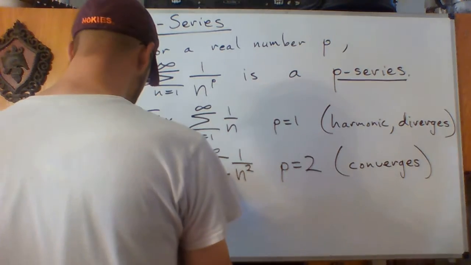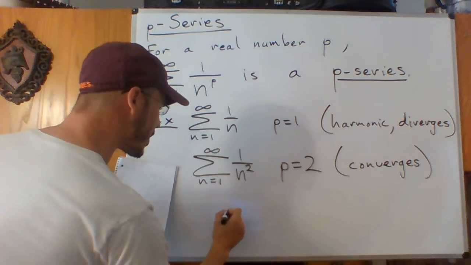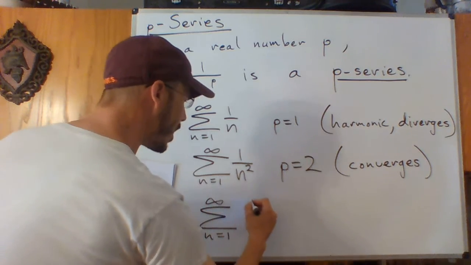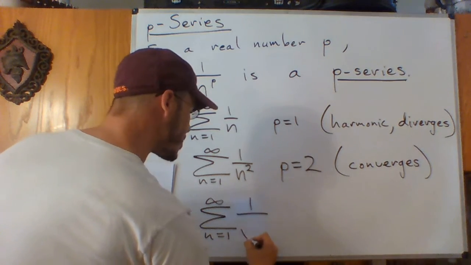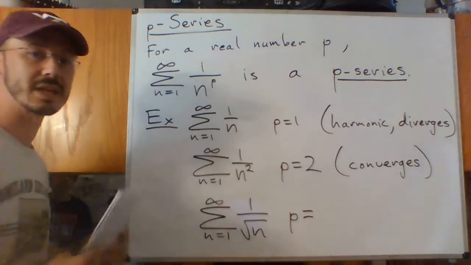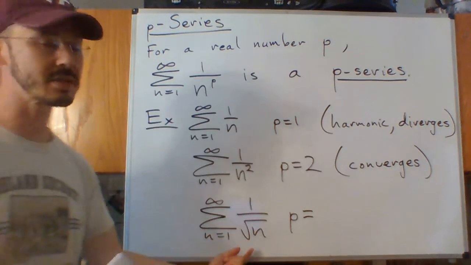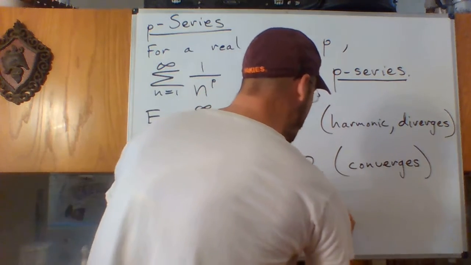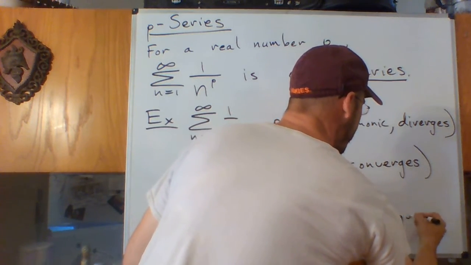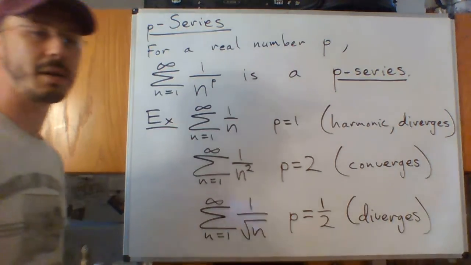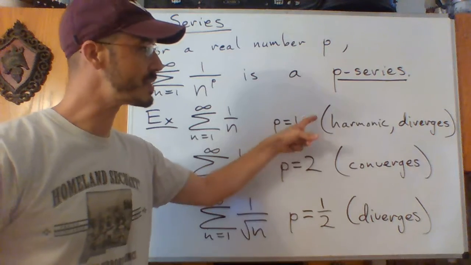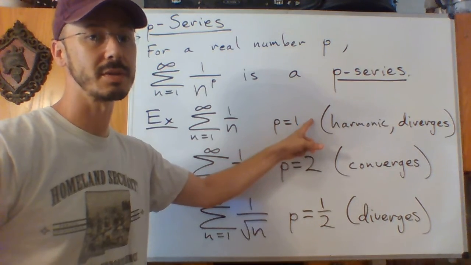We also, actually, I'm not sure if we've seen this one, but I do want to mention this one. The sum from n equals 1 to infinity of 1 over the square root of n. Now, it's not written really as a p series, but this is 1 over n to the 1/2 power, and that's p equals 1/2. That diverges. And I'm not saying why on these yet, although we've seen a couple reasons why this one diverges.